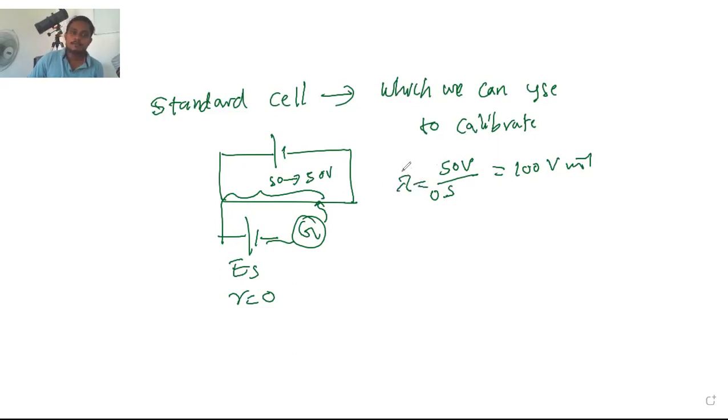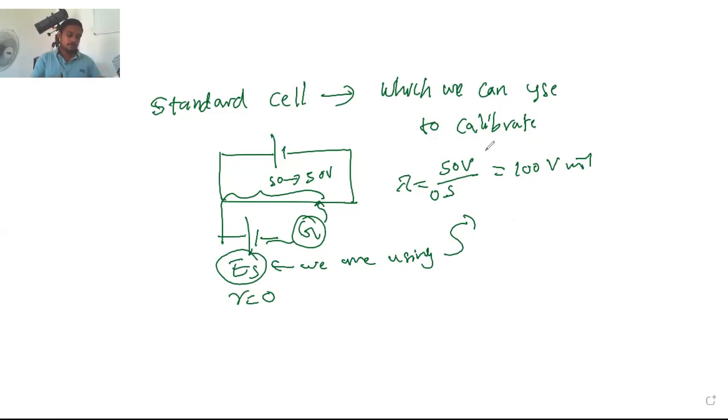So we are using standard cells to calibrate. Therefore, which is the incorrect one? ES must be greater than E. What do you think about that? I'll keep that one.